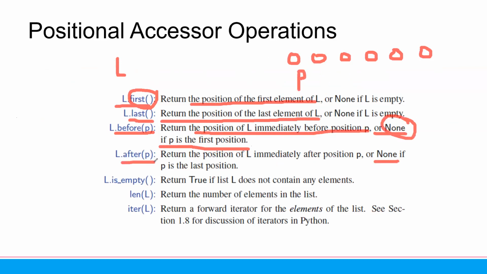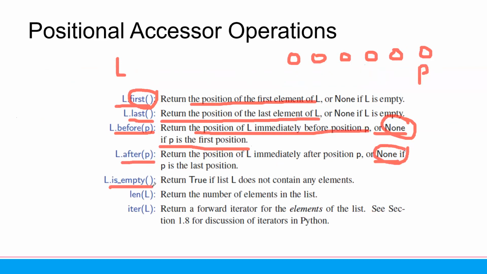After P is also the same. If we have P here, then we can know that this is the element after P. However, if P is the last element, then after P is none.